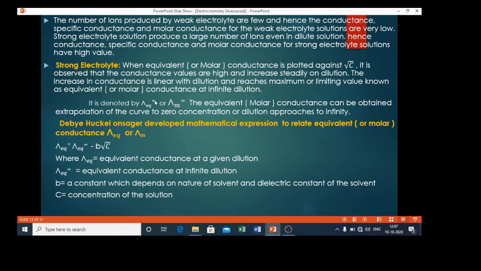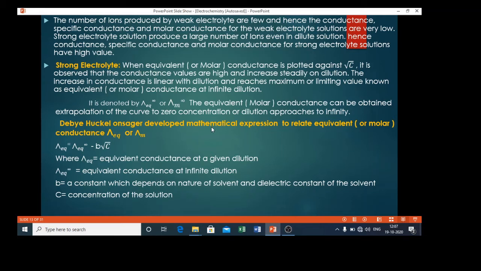Lambda eq infinity shows the equivalent conductance at infinite dilution, and lambda m infinity shows the molar conductance at infinite dilution. The equivalent conductance or molar conductance at infinite dilution can be obtained by extrapolation of the curve to zero concentration, where dilution approaches infinity.